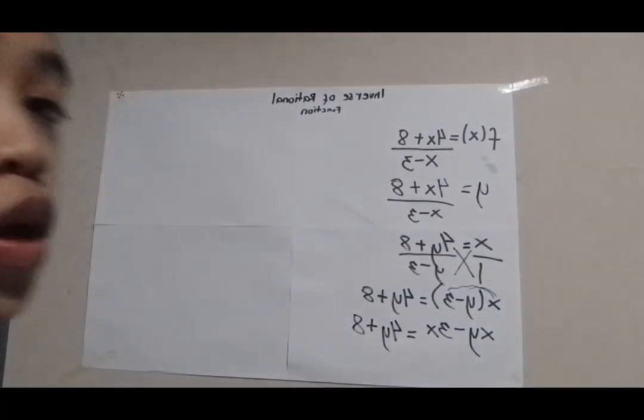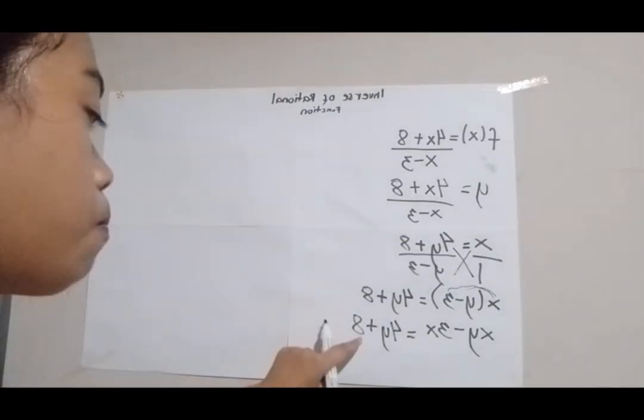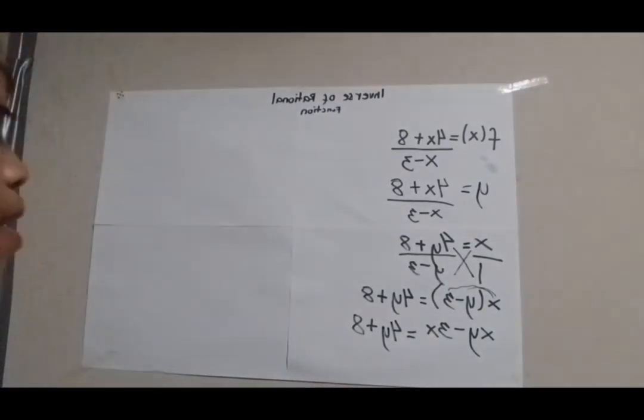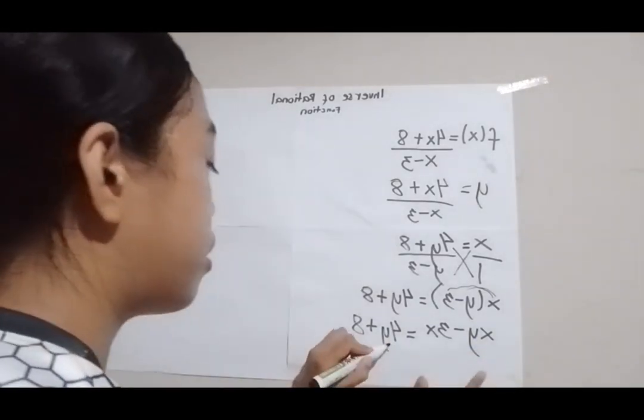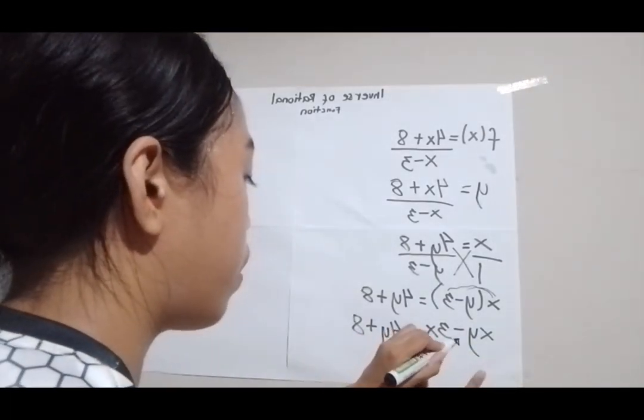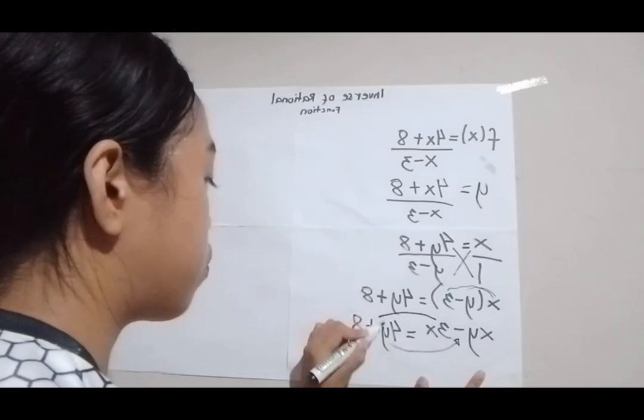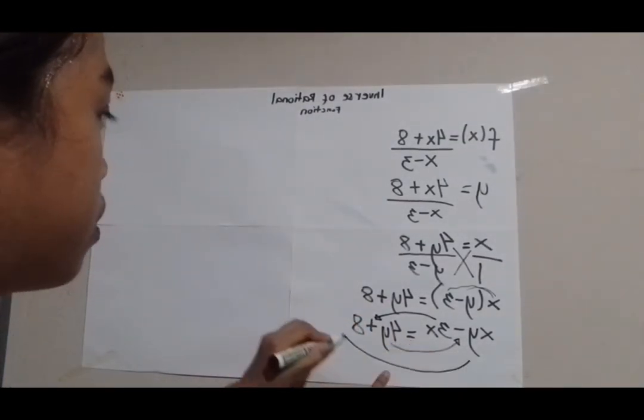This time, we are going to combine the similar terms. The 4y is going to the left side, and 3x is going to the right side.